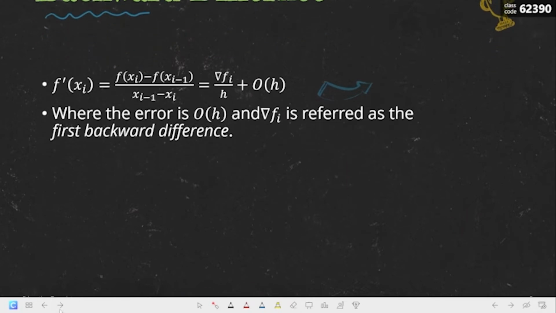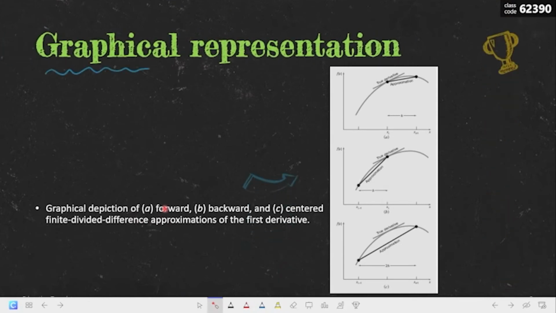So this is the graphical representation. First we have forward difference. If this is our current value, then this is the next value. This is the forward difference, and this is the true value. This is the slope of the true value, and this is the slope of our approximation. As you can see, it is not close to the true value.